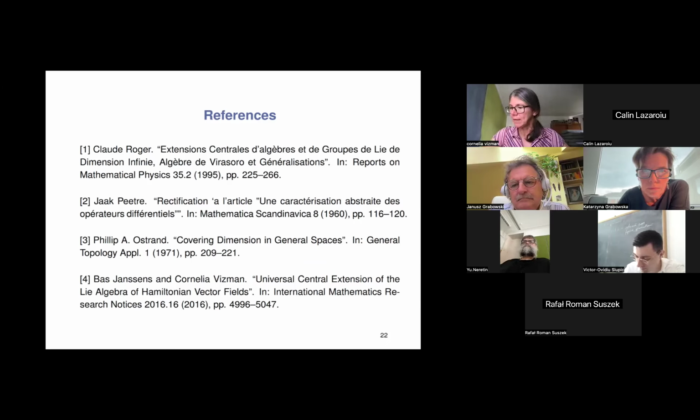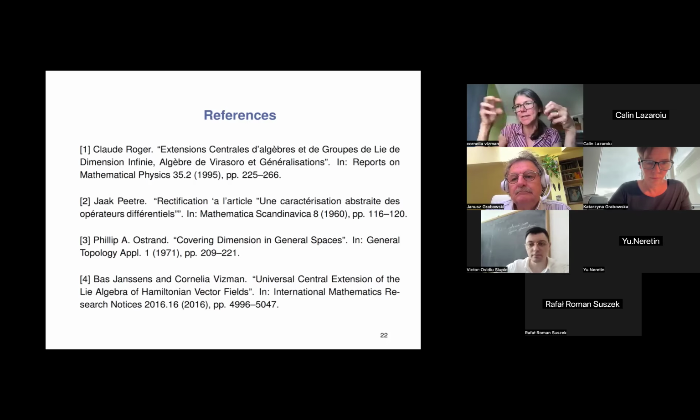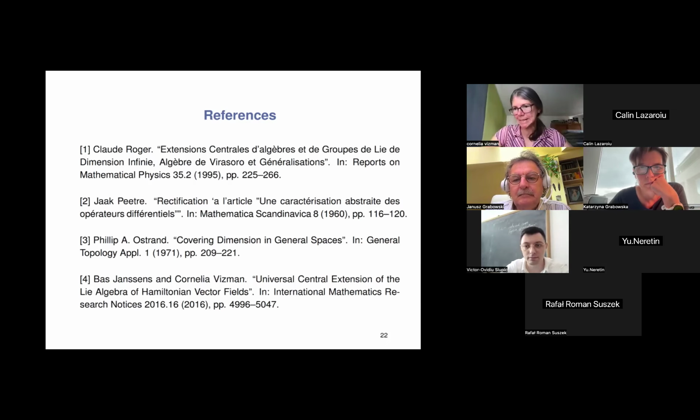If we have our psi hat, and it vanishes on exact forms, so composition with D is 0, then there is a differential operator such that psi hat is that differential operator composed with D. So there is a kind of Poincaré lemma for differential operators which we couldn't find, so we will write it in an appendix in the paper.